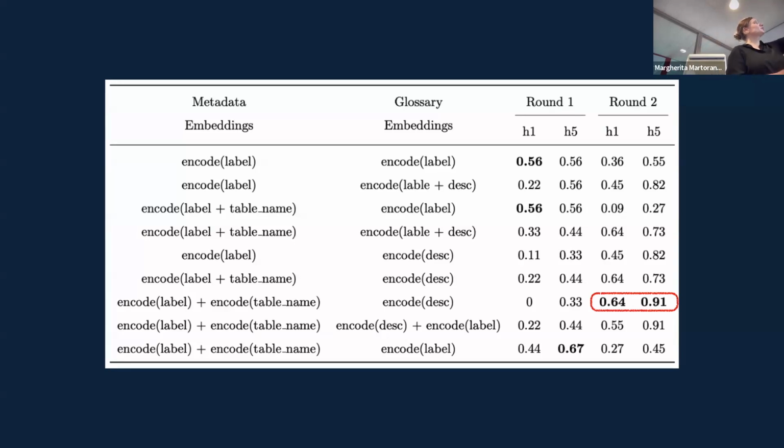It's different combinations of the metadata that we used for the embedding itself, because there we also wanted to explore a little bit: is the embedding more important if I do it for the label by itself, or for the label and the table name, or different combinations of this. Again, it was very exploratory. We were playing around a little bit with the settings.